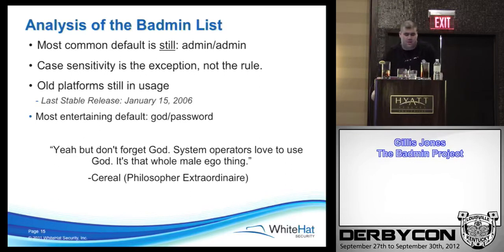Case sensitivity is the exception, not the rule. So you'll see, even in some scenarios where they say you must have one uppercase letter, you can just reverse the case sensitivity of the entire string, and it will still let it through because it's just looking for the Boolean value of that string.